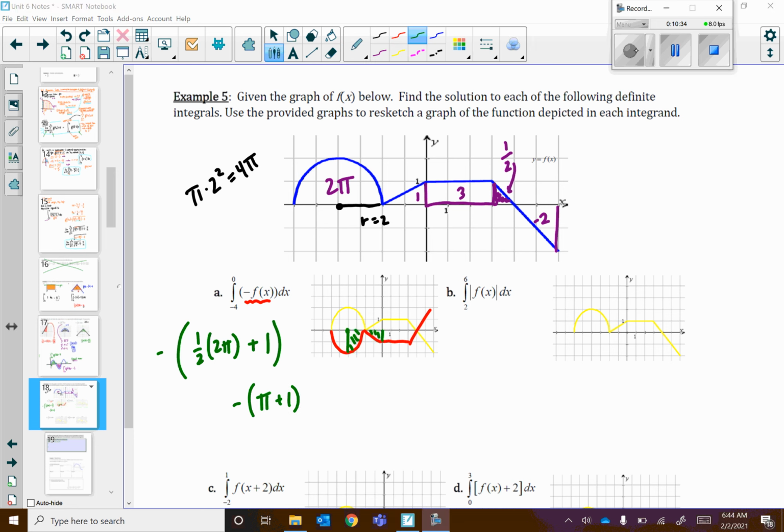Our next function is the absolute value of f of x. So think about that. Any y values that we have of this function that are negative are actually going to be positive. So all of these stay. This is exactly the same, but this down here gets reflected above the x-axis. So we are asked to find the area under the curve from 2 to 6.